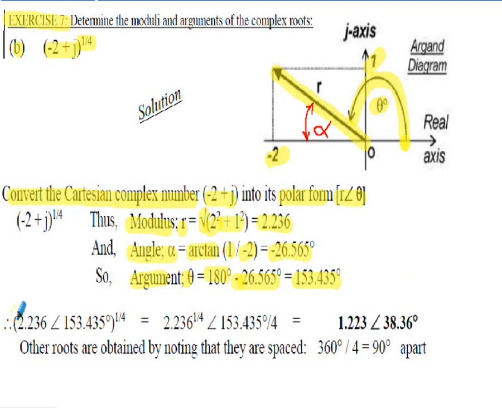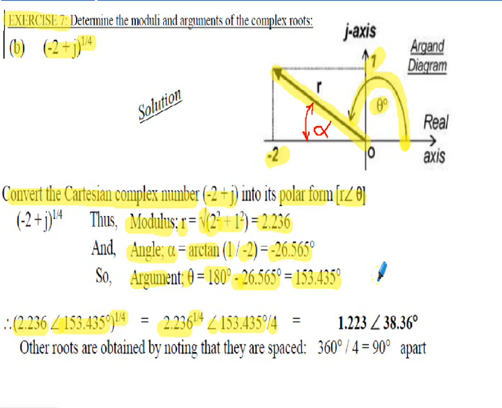We now have the complex number in polar form, so 2.236, argument 153.435 degrees, raised to the power of a quarter. We're trying to calculate 4 roots here. So applying DeMoivre's theorem, we get 2.236 to the power of a quarter, argument 153.435 divided by 4 in this case.